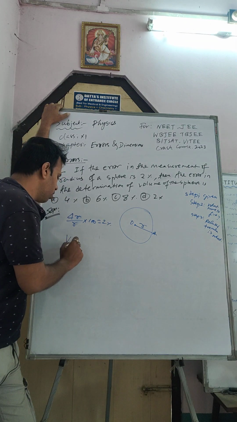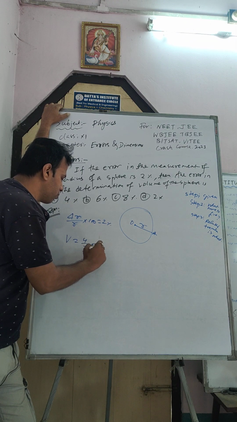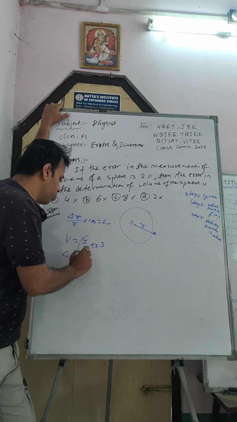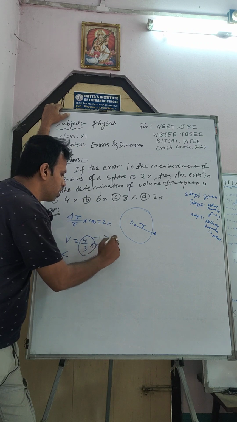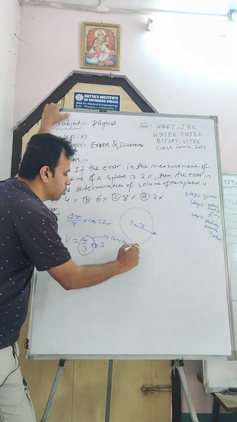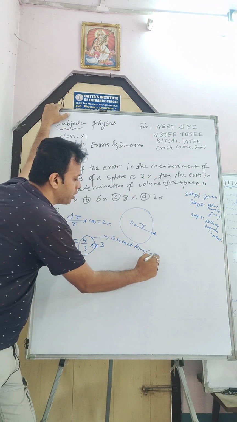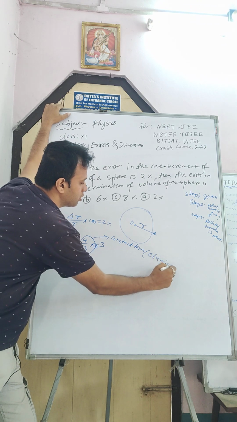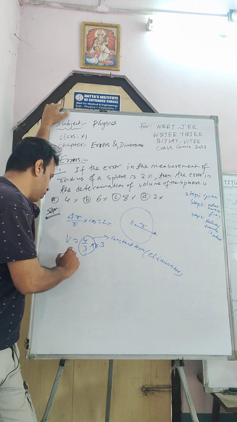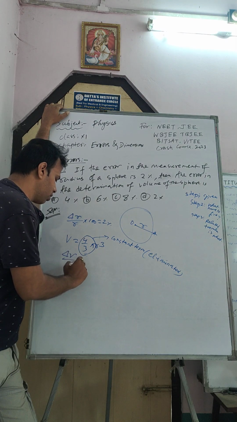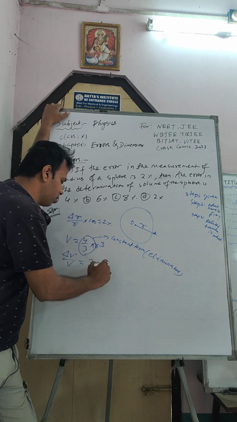So volume is V equal to 4 by 3 pi r cube. This 4 pi by 3 is a constant term, and it will be eliminated, okay. So del V by V into 100, the power will come out, del r by r.